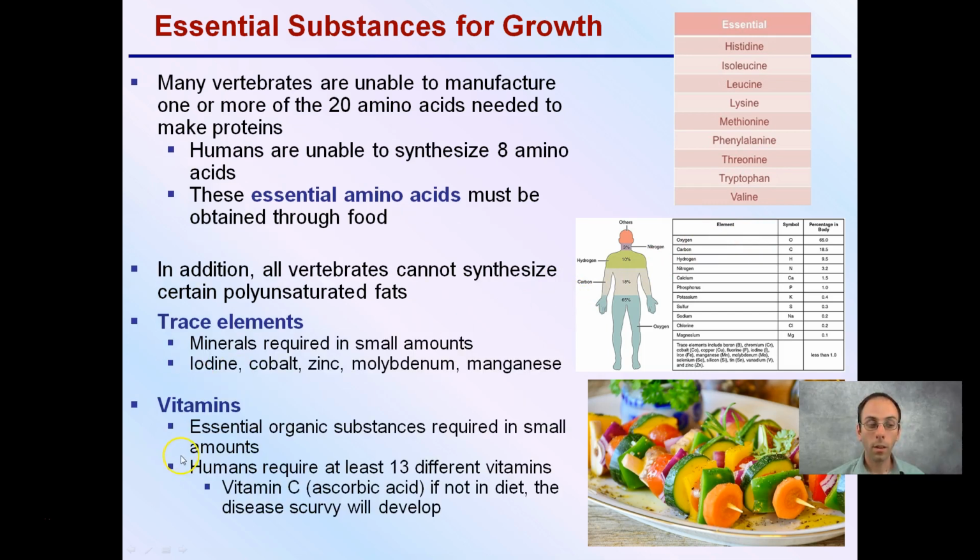Lastly, vitamins, essential organic substances required also in small amounts. Humans require at least 13 different vitamins. Vitamin C, or ascorbic acid, if not obtained in the diet, the disease scurvy will develop. So it gives you an idea of the importance of some of these components that are essential for growth and may not be needed in large amounts, but are needed at least in some way.